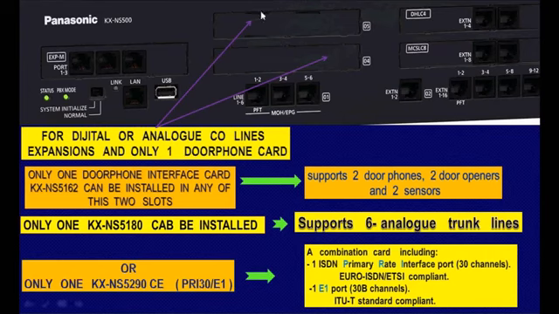Again, only one door phone card can be installed per unit, and only one expansion trunk card per main unit or expansion unit. Only one, analog or digital.